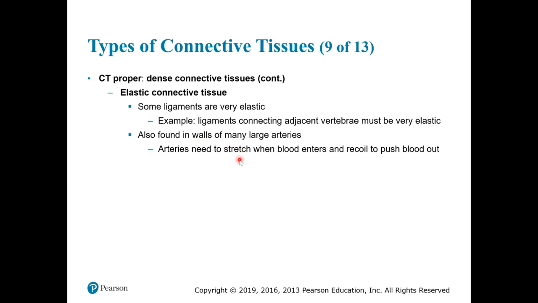And where the elastic connective tissue really plays a huge role is in the walls of the large arteries, like the largest artery in the body, the aorta. When the left ventricle contracts and forces blood into the aorta, it stretches to receive that blood, just like a rubber band. And that plays a huge role in being able to pump blood downstream. We'll learn more about the role of that in A&P 2.